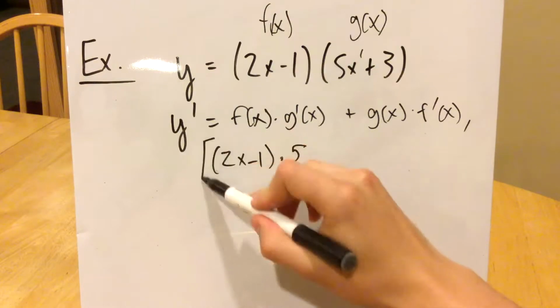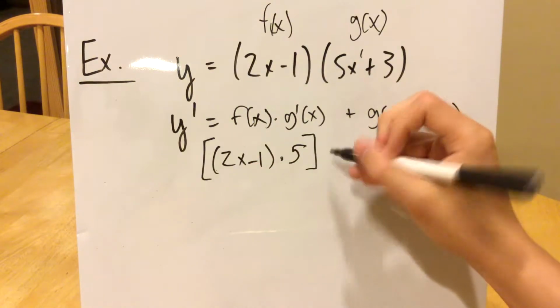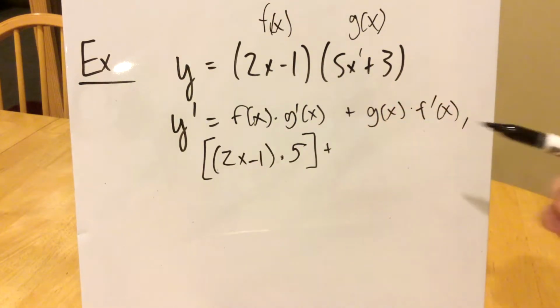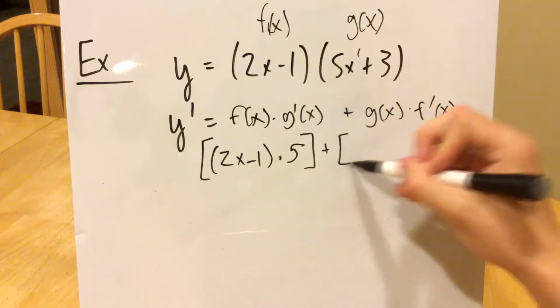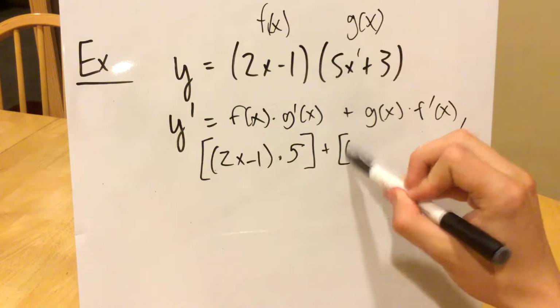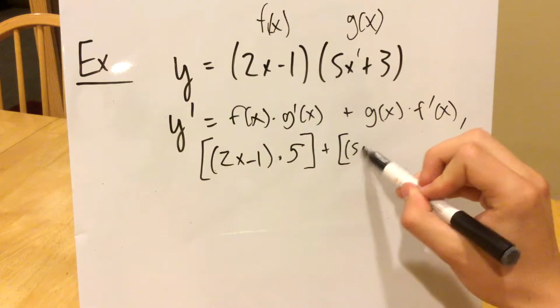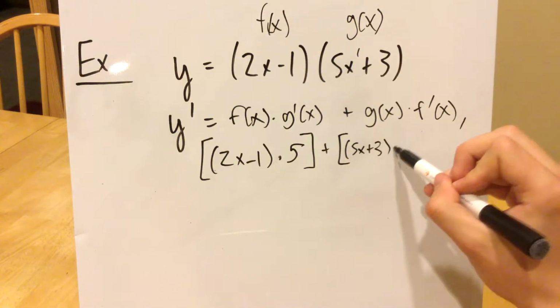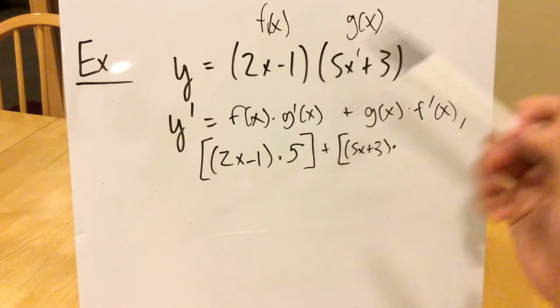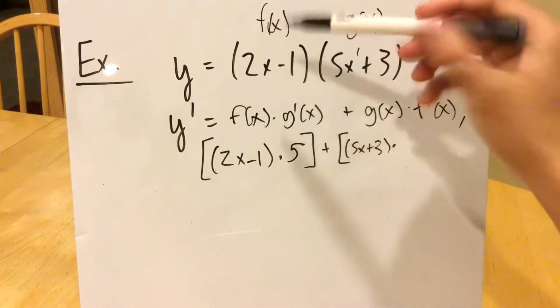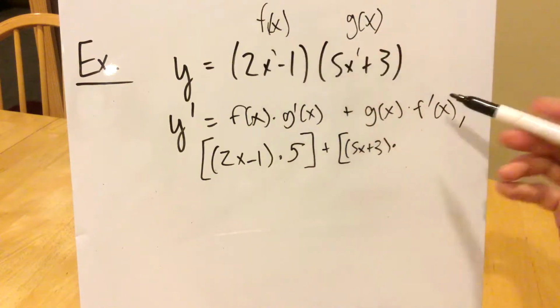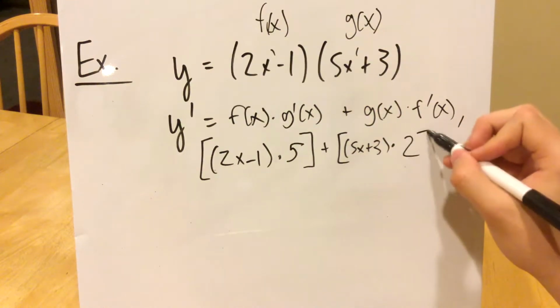And so we've got this is our first part right here, then we're going to add g of x, which is, let's do the bracket here, g of x, so plus 5x plus 3 times, and then f prime of x, the derivative of f of x, that's 2x to the 1, so 1 times 2, so times 2.